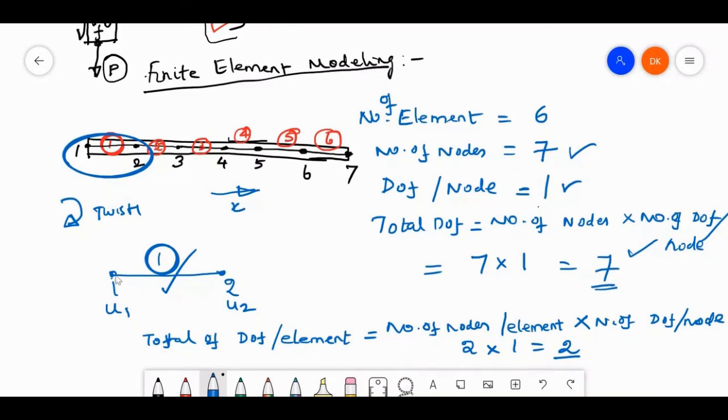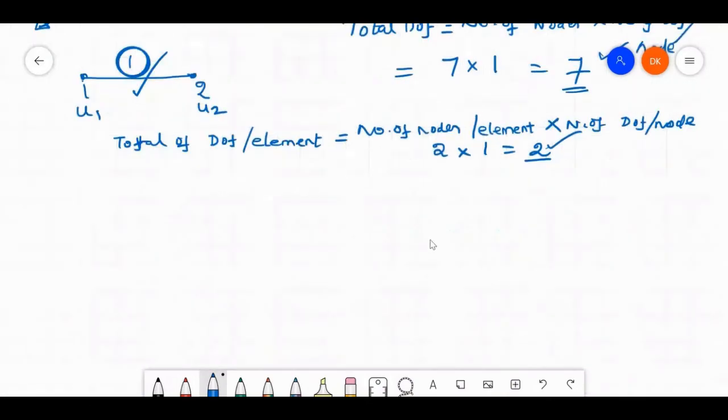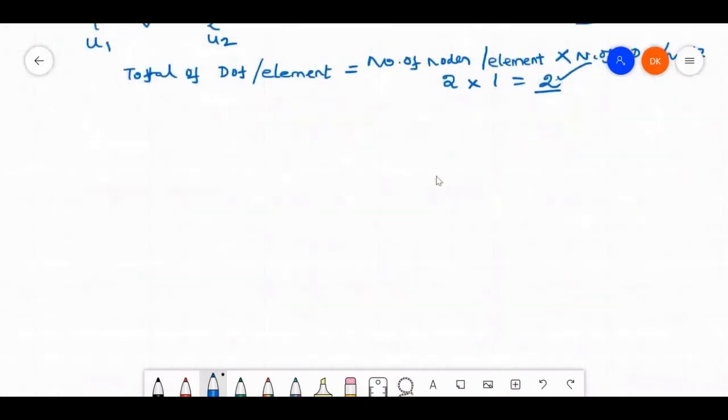Here it is a 2 noded element, 2 into 1, so that is equal to 2. This is the difference between the total degrees of freedom for the entire structure and total degrees of freedom per element. You should know the difference between these two. Then only you can understand the concept of how to discretize, how many degrees of freedom are there, how many elements are there, like that.